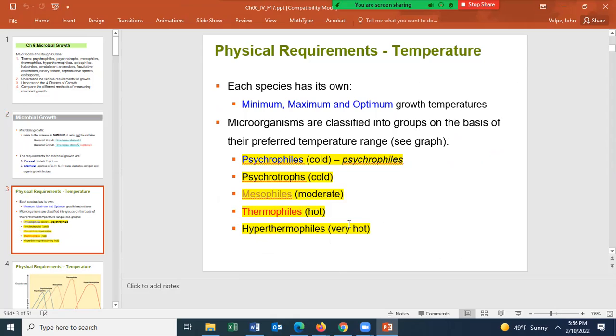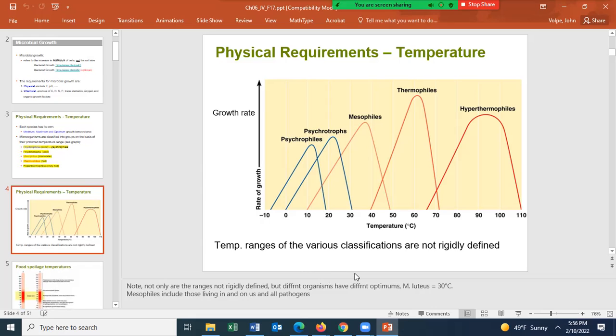Each species has a temperature requirement. Each species has a minimum temperature that it'll grow at, a maximum temperature it'll grow at, and an optimum temperature it will grow at. When we're talking about microbes, we can divide them into psychrophiles. These are cells that have an optimal growth rate around 10 degrees Celsius.